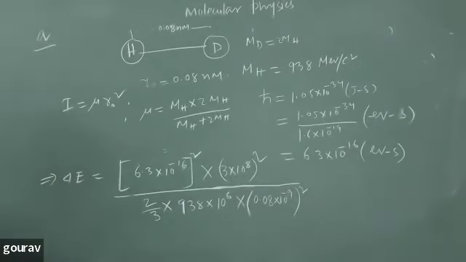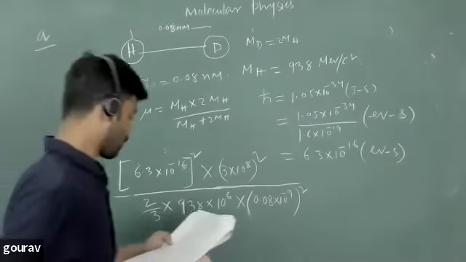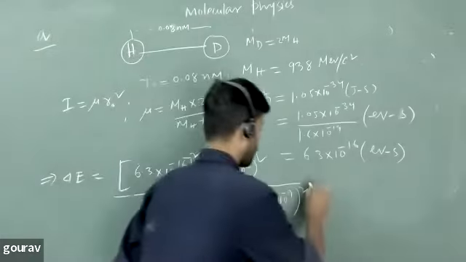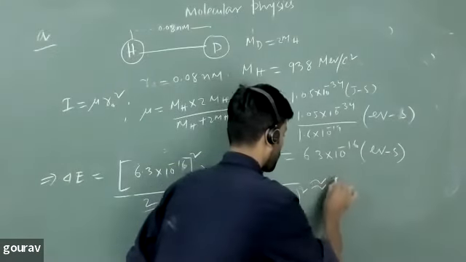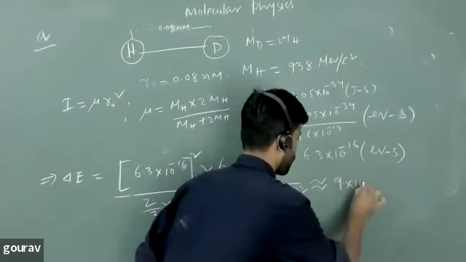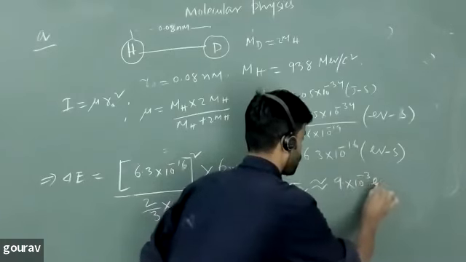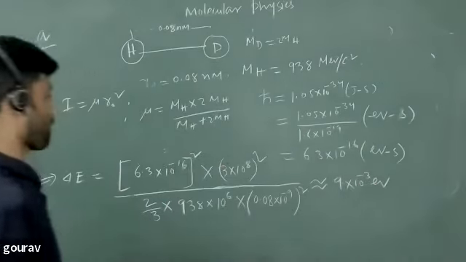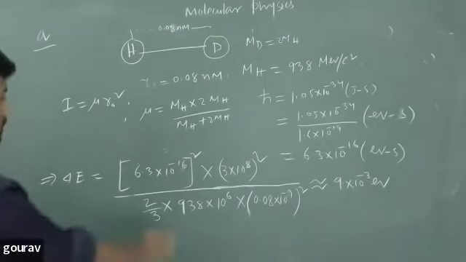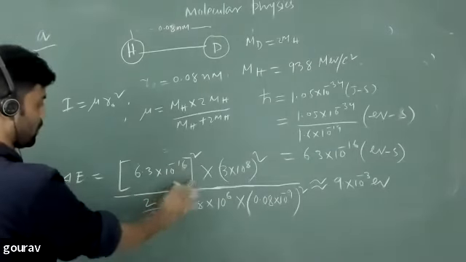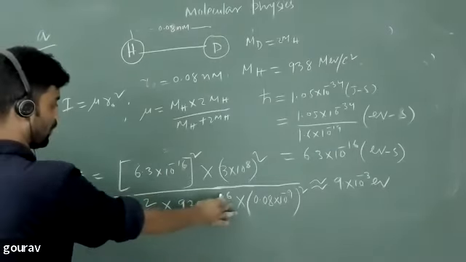Is this okay? So if you calculate it, around you will get 9 into 10 to the power minus 3 electron volt. Because here you have electron volt square, here you have converted to electron volt.